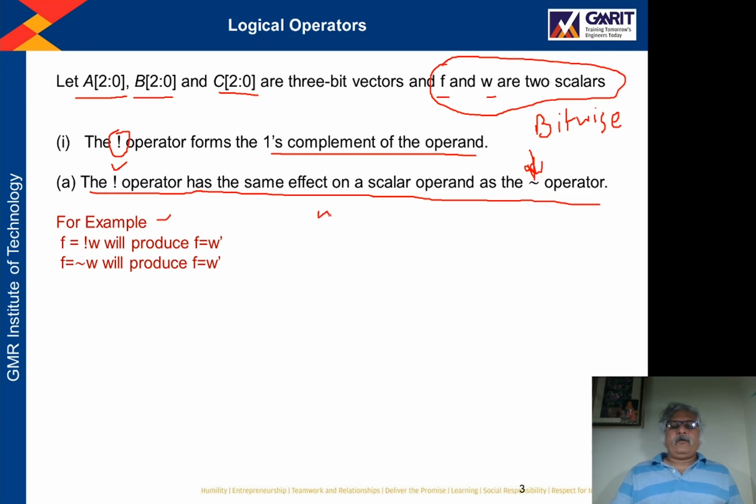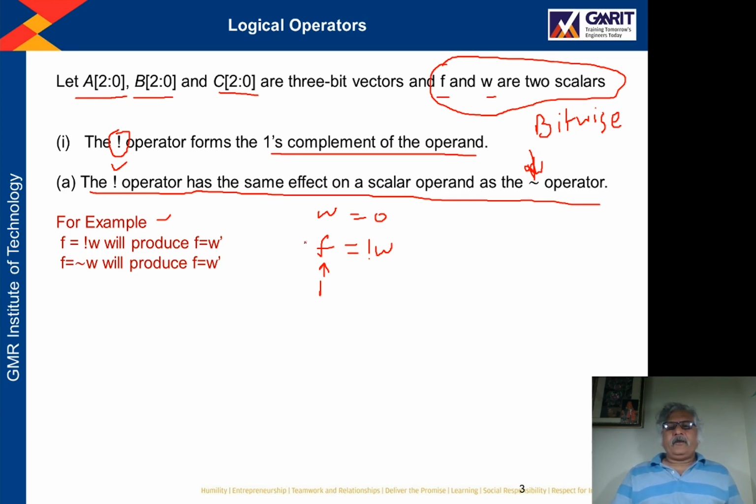Already we know that F and W are scalar type. Let us assume W is 0. If we write F is equal to exclamation W, this operator will complement the value of W, so the result is 1: W becomes 1, and this 1 will be assigned to F. The same thing is done by the tilde operator of bitwise.